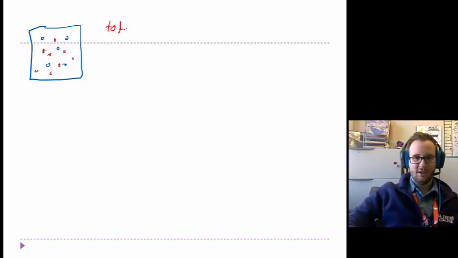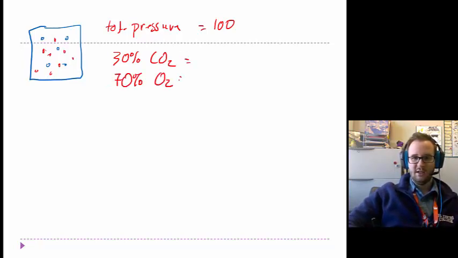So if the total pressure in this jar that I just drew is equal to 100, and this jar is 30% carbon dioxide and 70% oxygen, then the individual pressure provided by each of these gases is that carbon dioxide would produce 30 units of that pressure, and oxygen would produce 70 units.